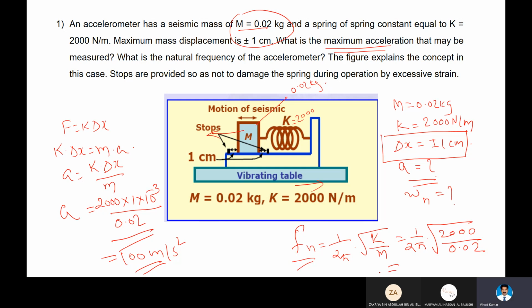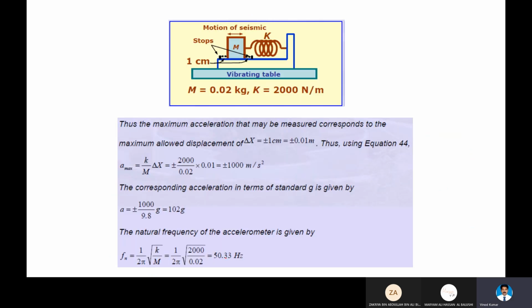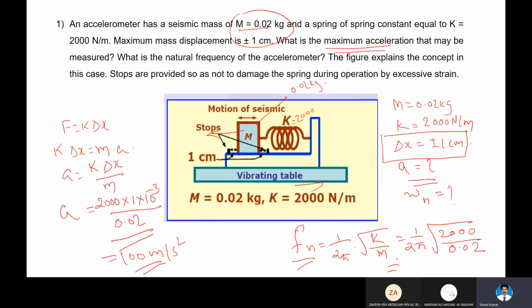So you get natural frequency as 50.33 hertz. So 50.33 hertz is the natural frequency of the system.